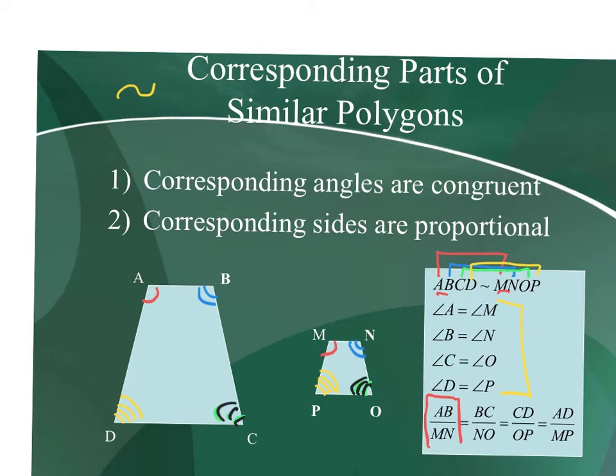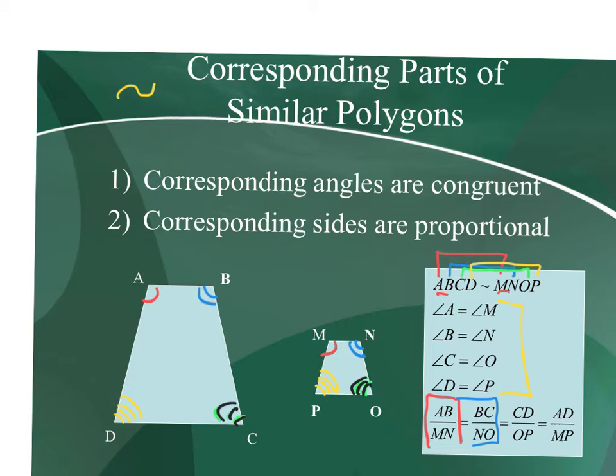Again, I'm not going to add congruency marks because they're not the same size. And then you can see that BC, that's the second and third letter, and it would match with the NO, and that's the second ratio that's here. This is your statement of proportionality, if you're asked to give that in a question.